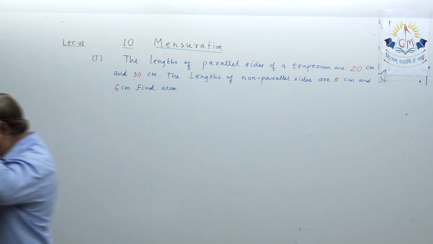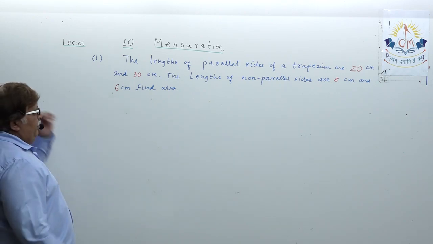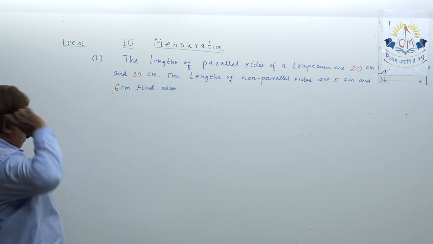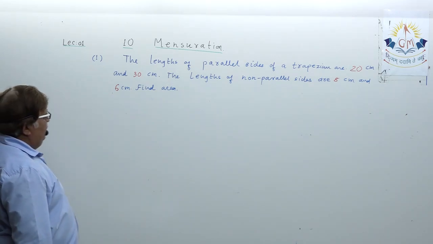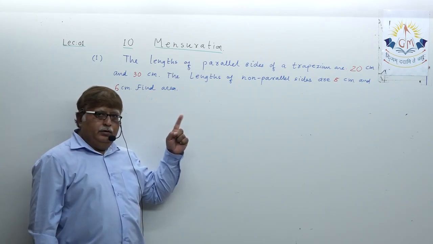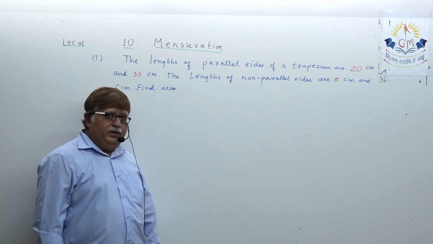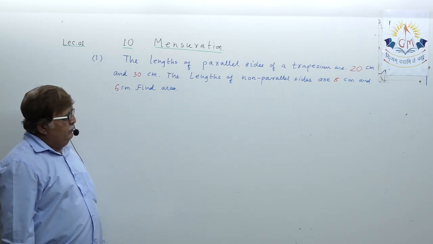Just stick to the basics of the sum. You will be able to solve it because you are already given the lengths of the two parallel sides and you are also given the lengths of the non-parallel sides.